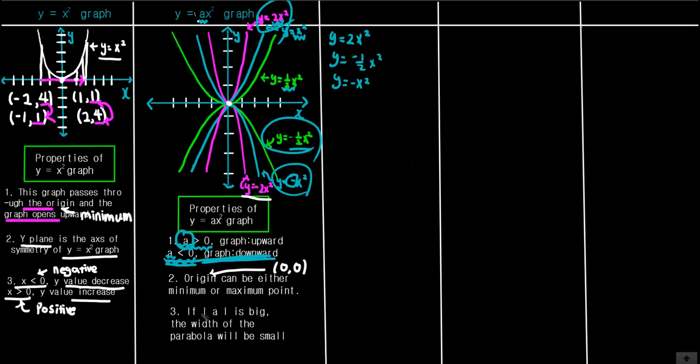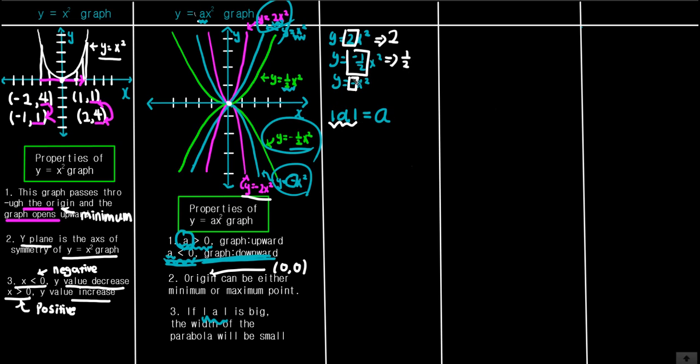according to our property, we only care about the absolute value of a, which means we don't care about the negative, we only care about the positive value of a. So at first, if you think about the first term, 2x squared, the a value is 2. And for this term, even though it's negative 1 over 2, the absolute value is 1 over 2.